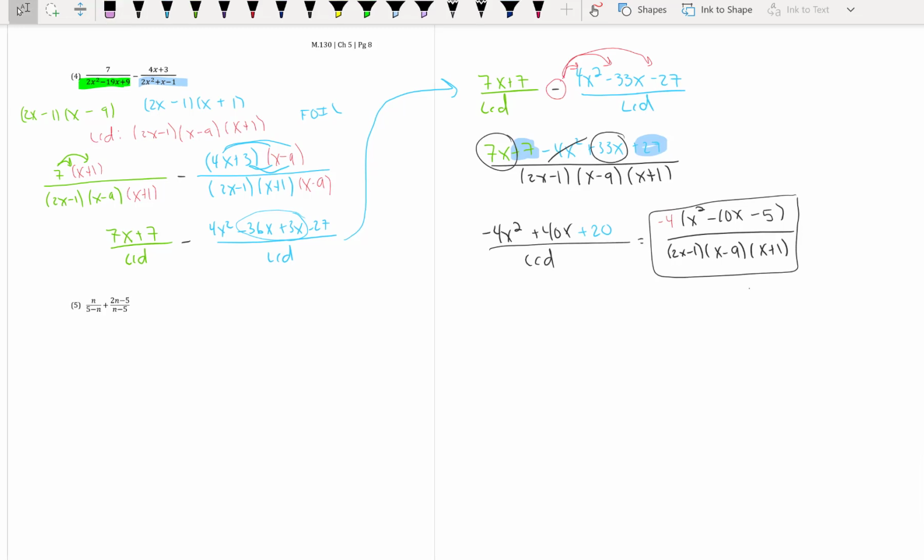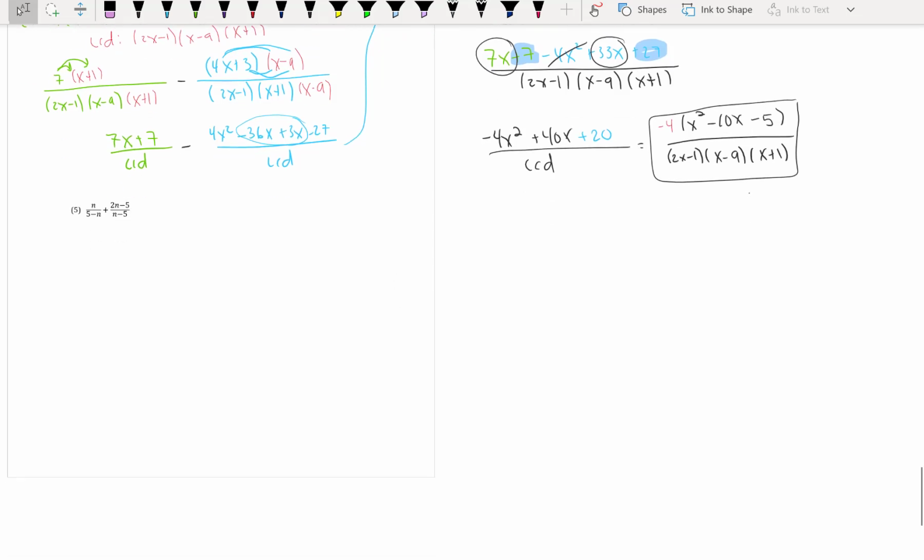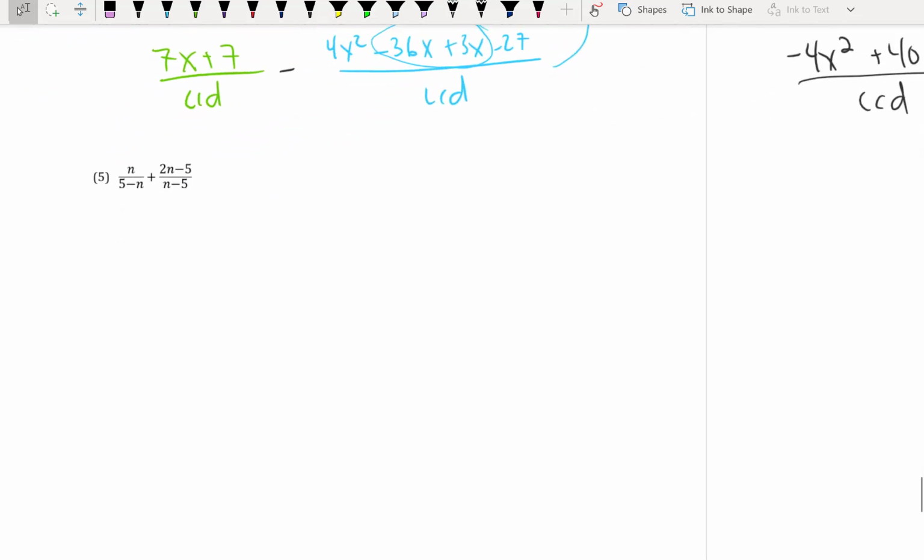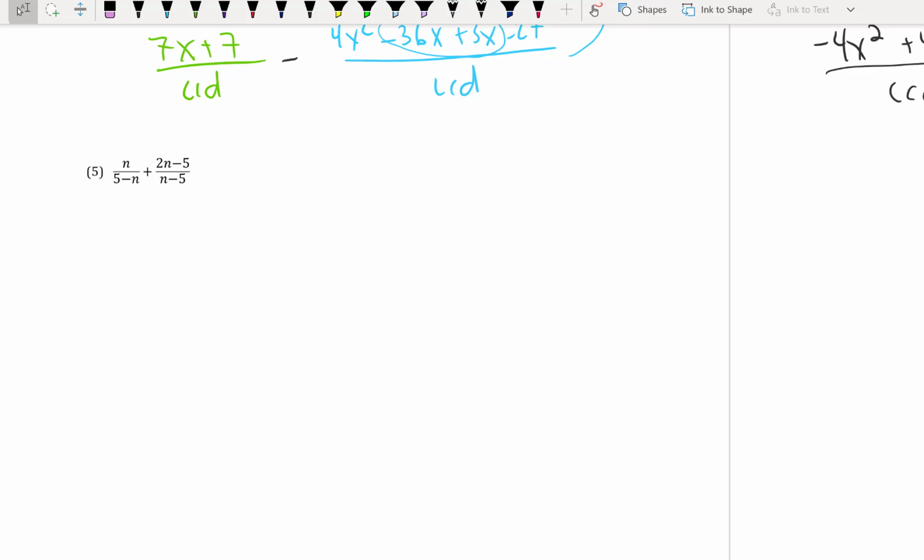Now, if I am looking at number 5, with this one, you want to notice that it's not in standard form. So you want to make sure you write it in standard form. So here I'm going to have a negative n plus 5.